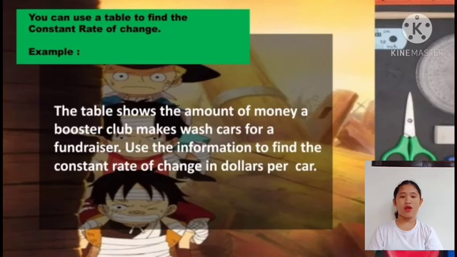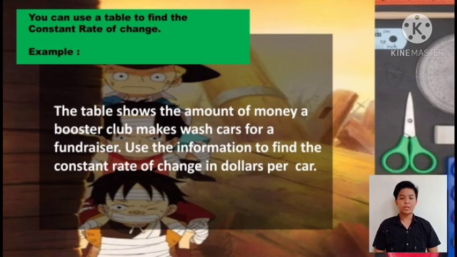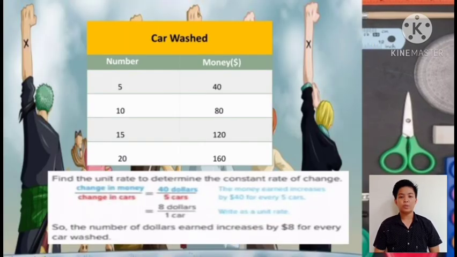So here we will use a table to find the constant rate of change. The booster club makes money from a car wash. Use the information to find the constant rate of change in dollars per car. We are going to be setting up and finding the unit rate, dollars per car, but the first thing we're going to do is look for the change.